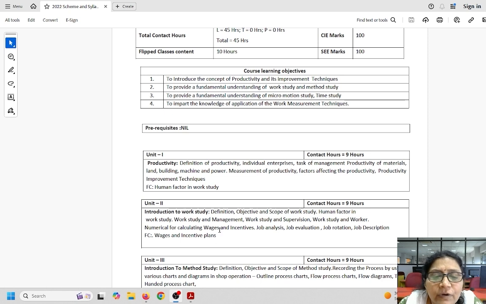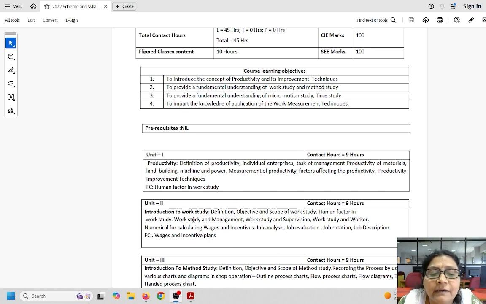How we are going to do the work is very, very important. What method we are following to minimize the wastage of anything, whether it is time, energy, human resource, the labor, the material, or the machine, how effectively we are using them and how we are reducing the wastage, that we are learning by using this work study technique.